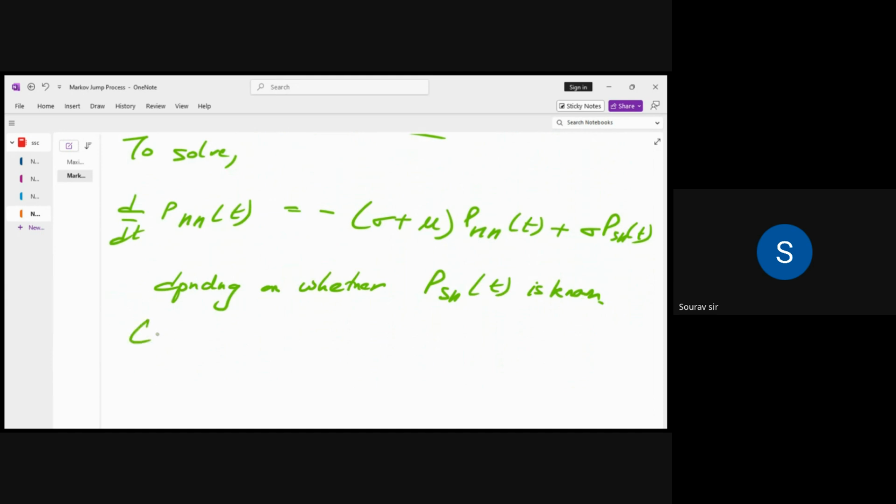Correct? So here case 1 will be the exponential decay solution.